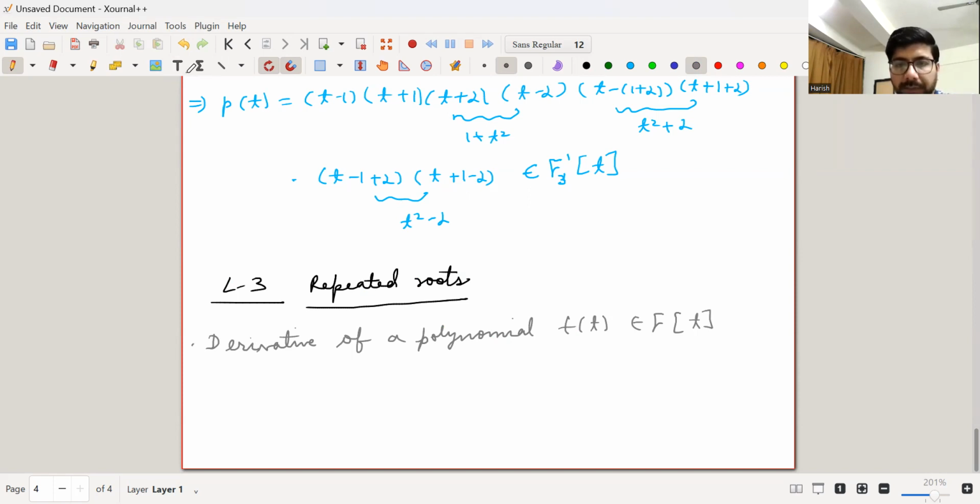Okay, so this F[t] is generated as a ring by 1, t, t square and so on.